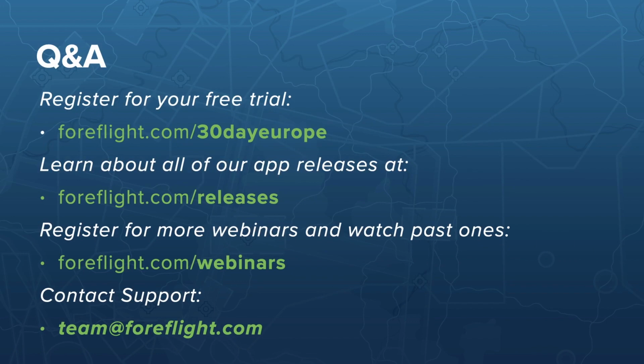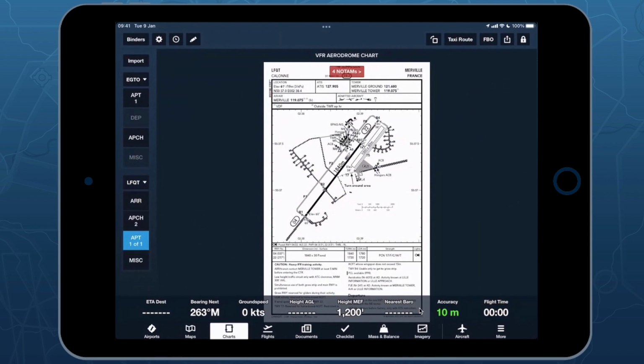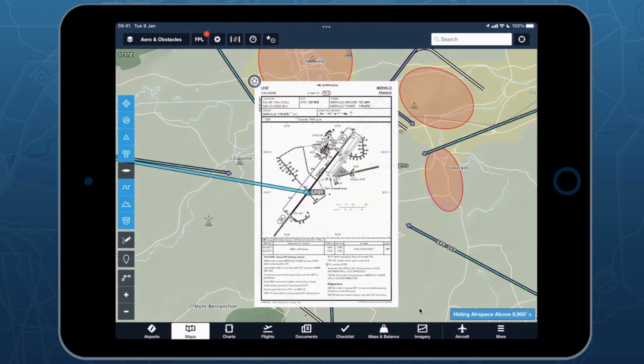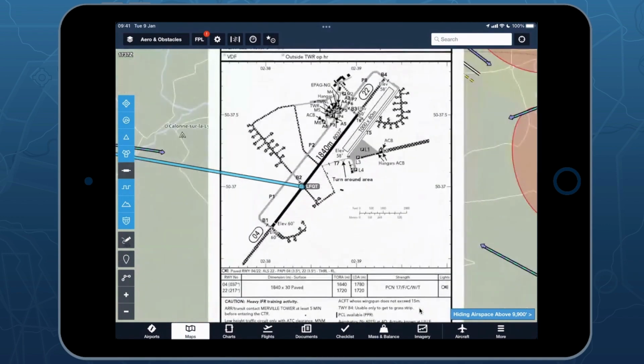Next question, can airport plates be overlaid on the map? Yes, for Pro Plus subscriptions or higher, you can send the airport plates or approach plates, any plate which is georeferenced to the map, and then that information will be overlaid over the map.